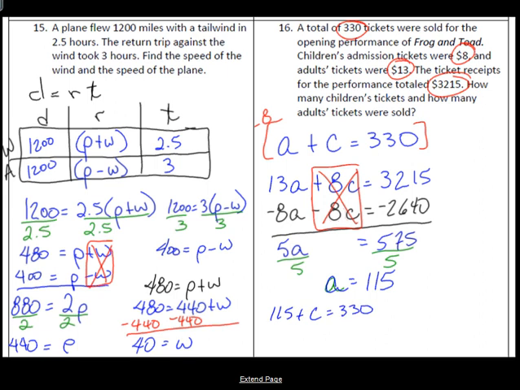You subtract 115 from both sides. And we see that we sold 215 children's tickets.